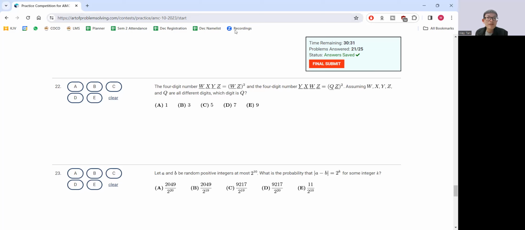Now, I am seeing, of course, that the last digit is the same. So your options would normally be 0, 1, 5, and 6. It cannot be 0, otherwise there will be 0, 0, and they are supposed to be different. It cannot be 5 because then it will end in 25 for both of these, but YZ and WZ are different. So it's either Z is 1 or 6.